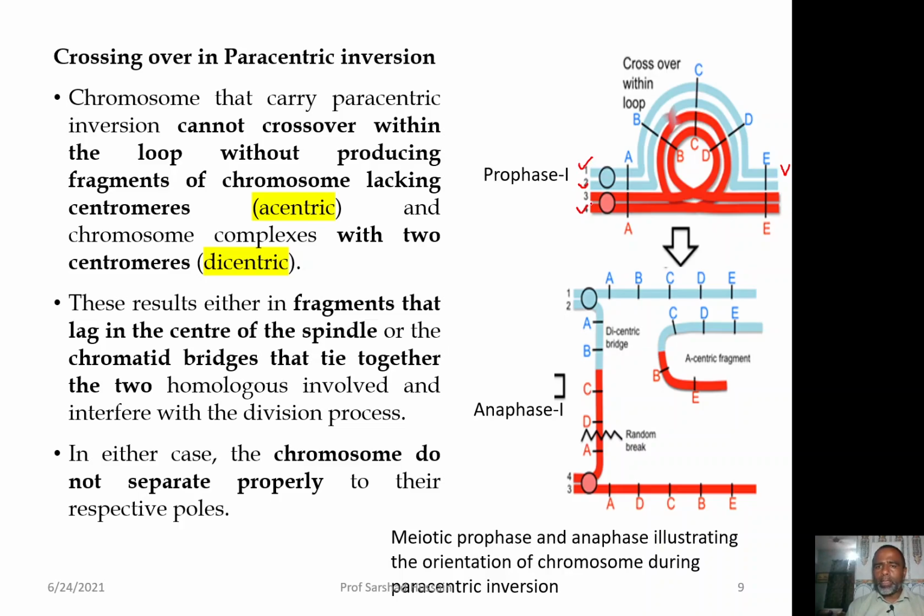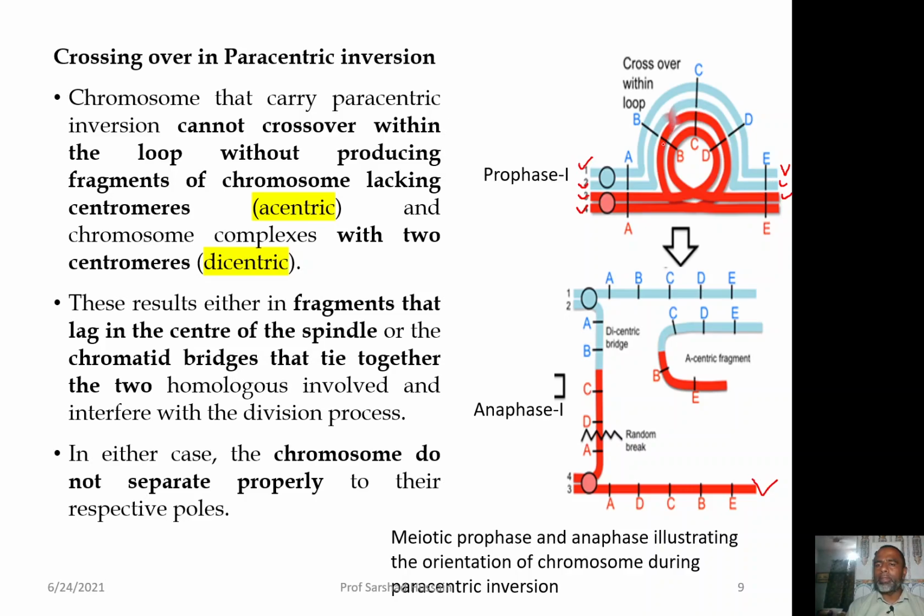Now, look at this third one. What will happen to this? These three will have the red A, then the red D because it has the inverted part, then the red C, then the red B and then the red E. So, this is this chromatid, and again it is joined with this also. Now you have this chromatid, and once it separates, look at this: blue E will have the blue D, blue C because it has crossed over there.